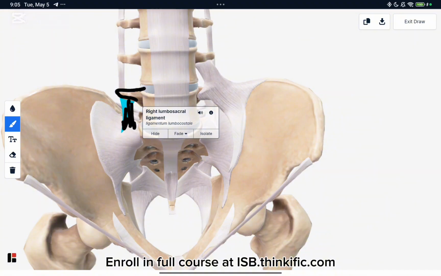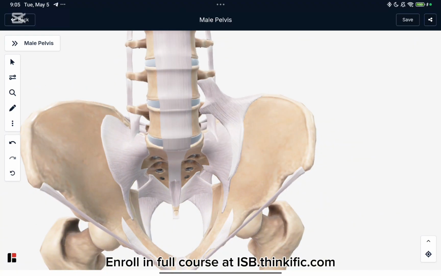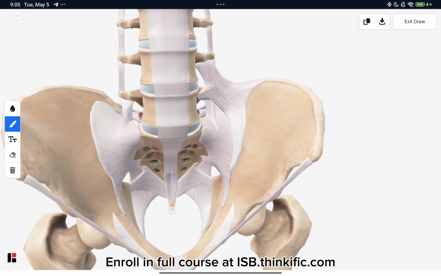So, two important ligaments, in addition, of course, to the other surrounding ligaments, like the anterior longitudinal ligament here, and the other ligaments on the back of the spine that reinforce most of the rest of the spine. Anyway, we know them from the spine lecture. But special ligaments for this region are the iliolumbar and lumbosacral ligaments.